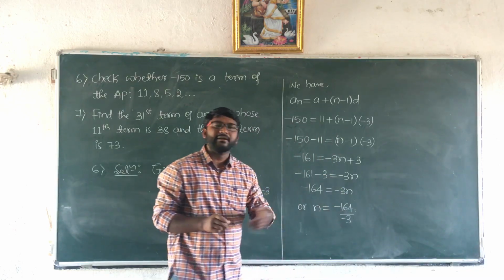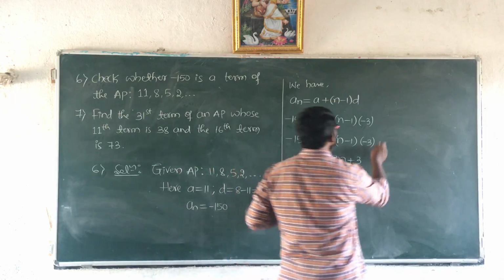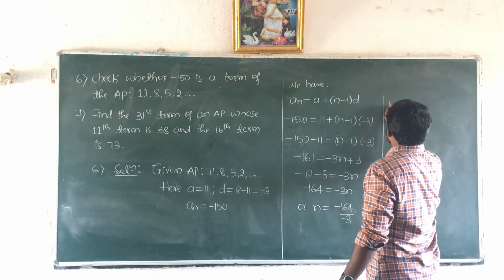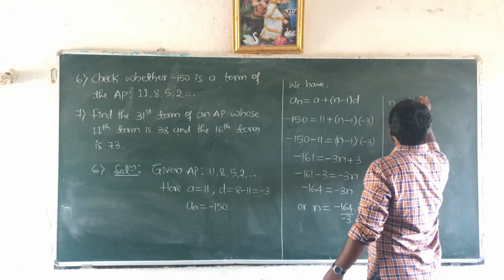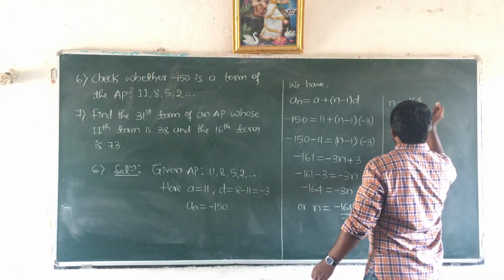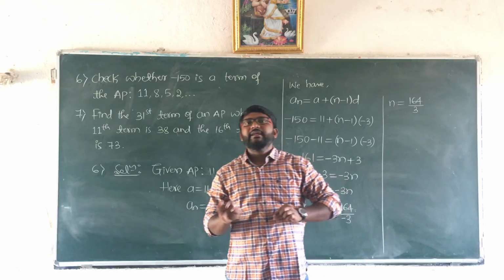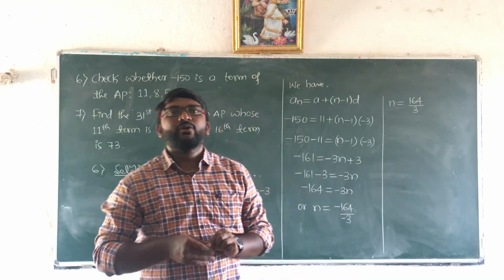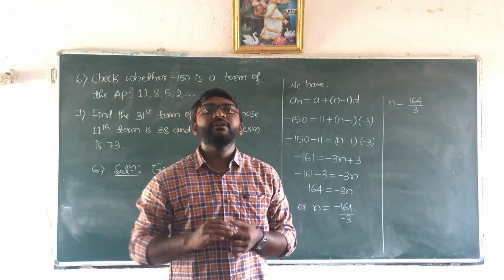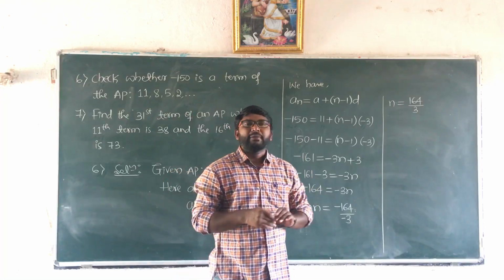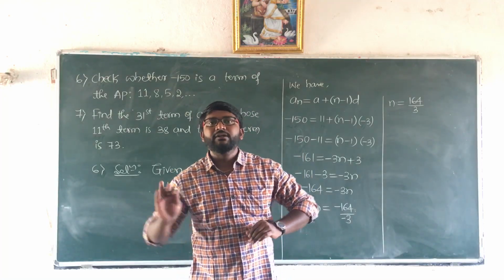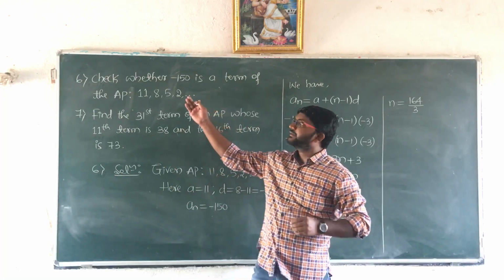Minus by minus is plus. So we get n equal to 164 divided by 3. If you simplify this, we do not get a natural number. So always n must be a natural number. Therefore, minus 150 is not a term of this particular arithmetic progression.